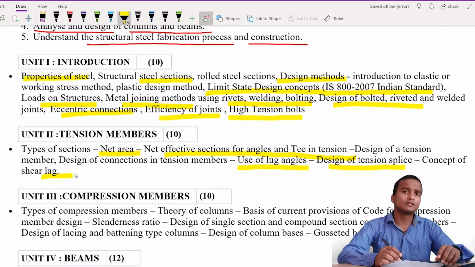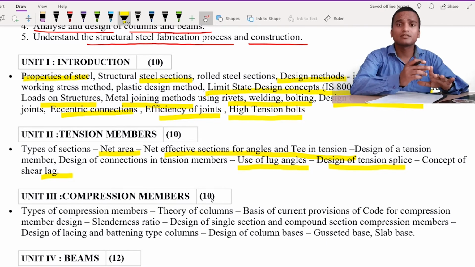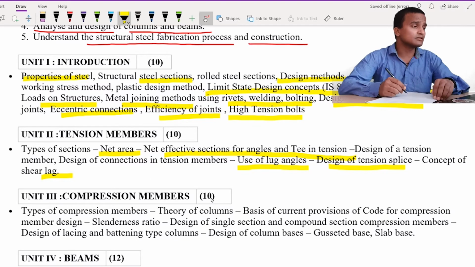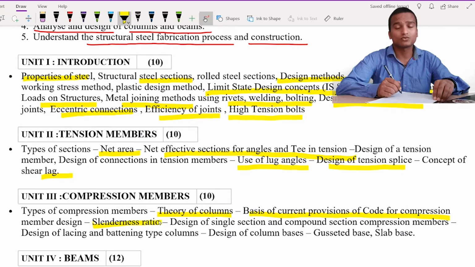Then comes the third unit, which is entitled compression members. Here we learn different types of compression members. Some compression members can be slender, intermediate, or very stocky. Then we learn the theory of columns. This is very important. And the basis of current code provisions for compression member design includes the slenderness ratio aspect.